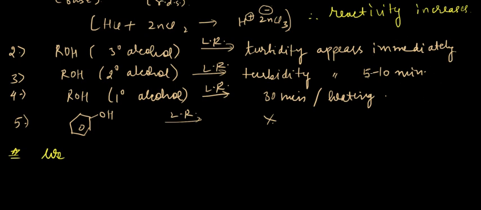And by the way, why is this type of time limits seen? Because you know that 3 degree alcohol will be more reactive to Lucas reagent because of the formation of more stable carbocation, and 2 degree would be less stable than 3 degree, and 1 degree would be even less stable than 2 degree. Hence it is showing these time limits. Okay.